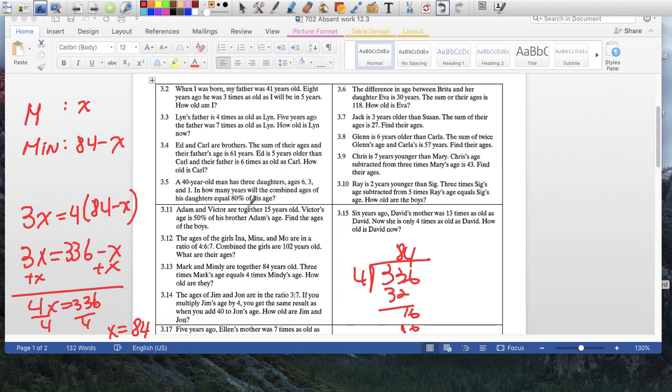Plus x is 4x, 336. Let me write this down, I don't want to waste too much time on the video, so 3.5, I have to work on that, and this was 3.13. What am I doing wrong?